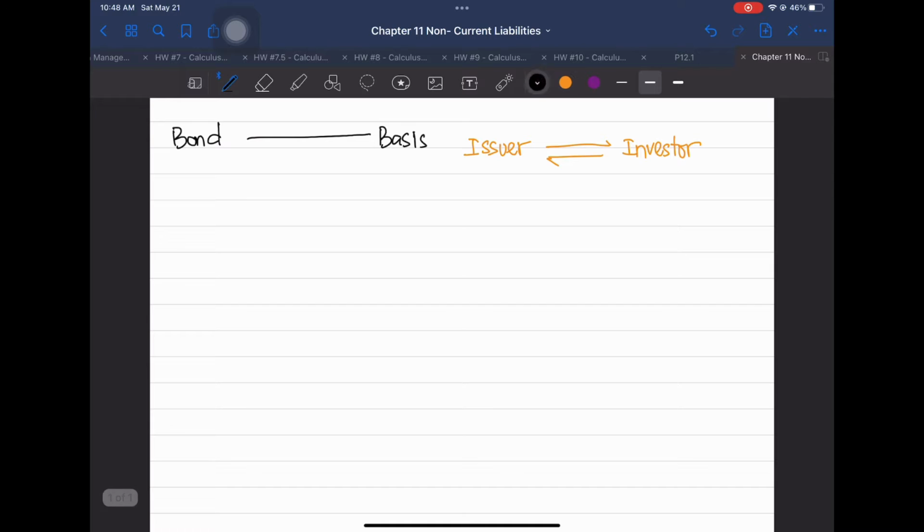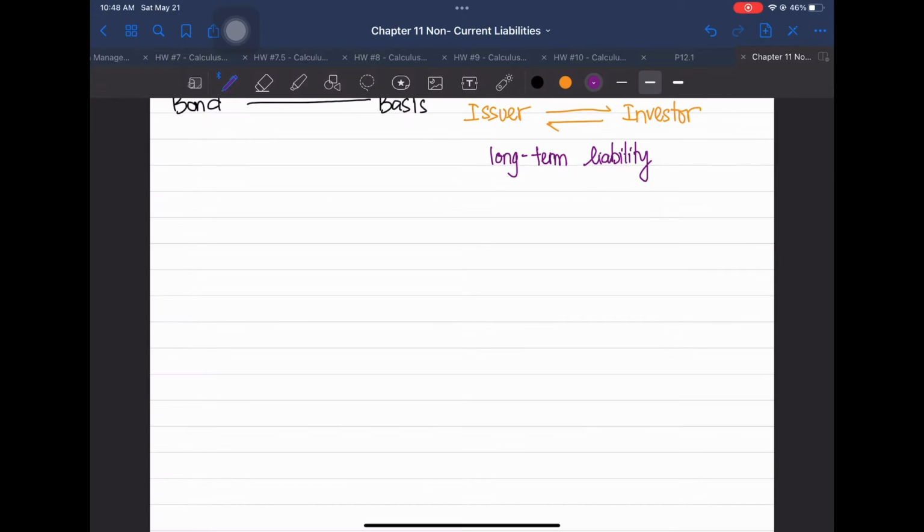A bond is a contract between the borrower, the borrowing company, which means the issuer, and the lender, which means the investor. The borrower promises to pay a specific amount of interest at the end of each period while the bond is outstanding, and pays its principal at the maturity date.